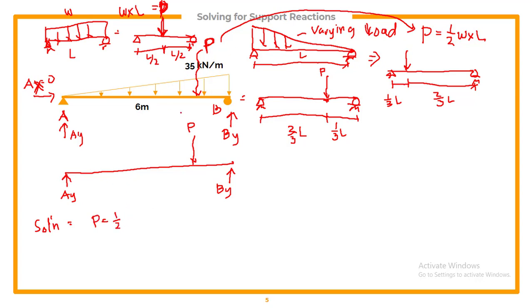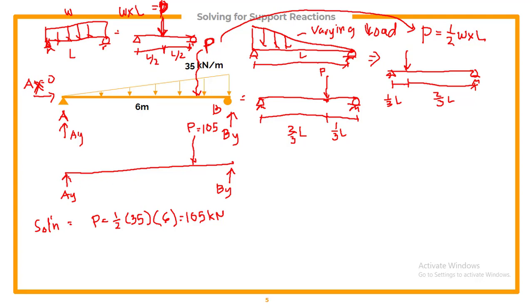The W is 35 kilonewton per meter times the length. The length is the total distance or the span of this beam, so that is 6 meters. Therefore, P is 1/2 of 35 times 6. That is 105 kilonewton. Therefore, this is 105.